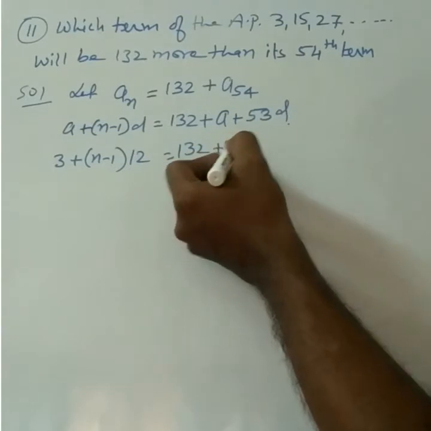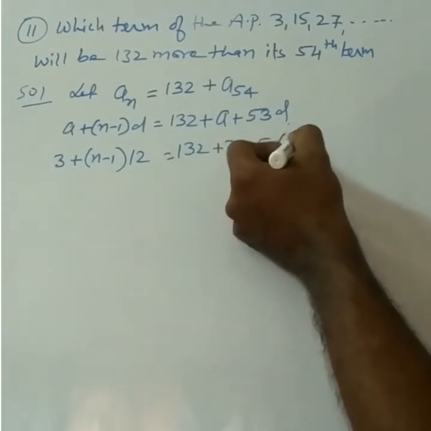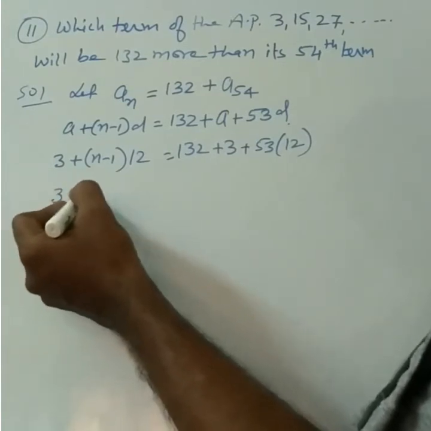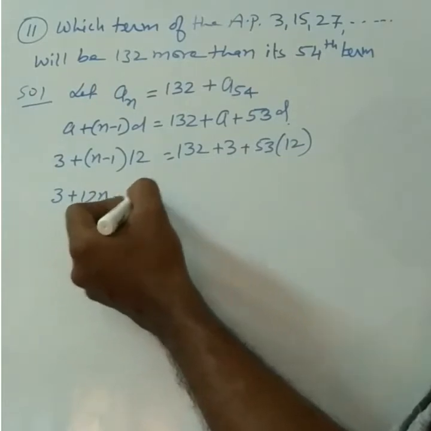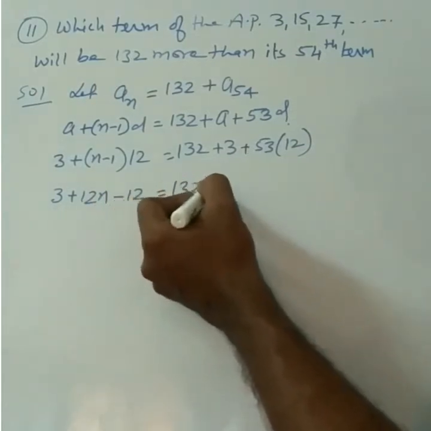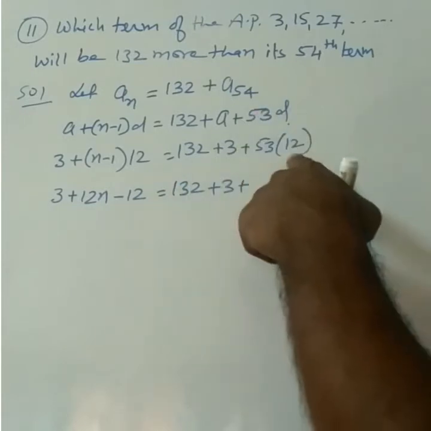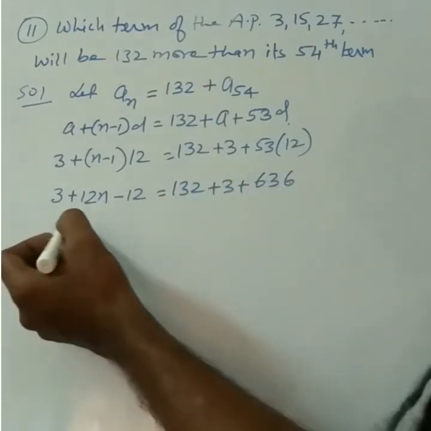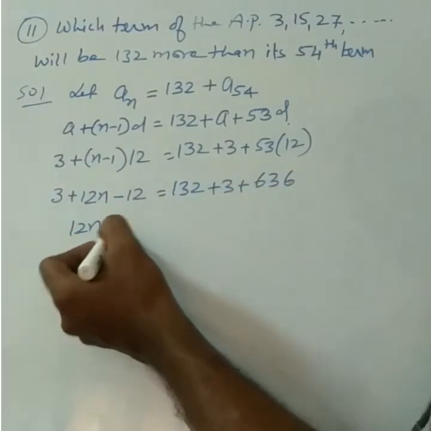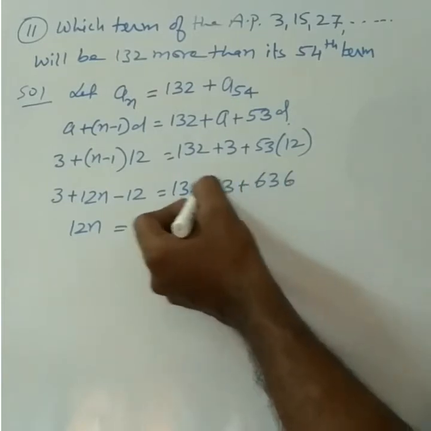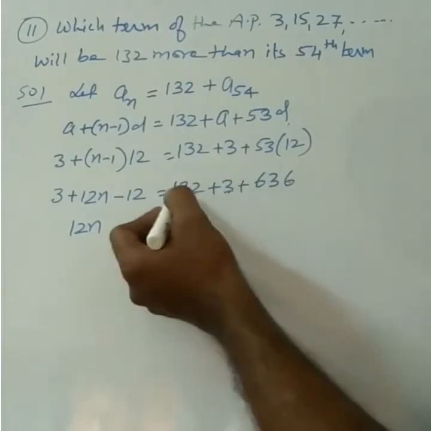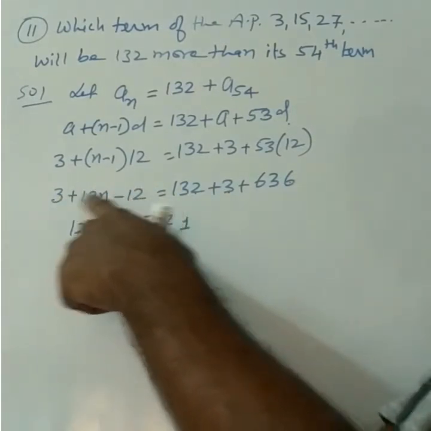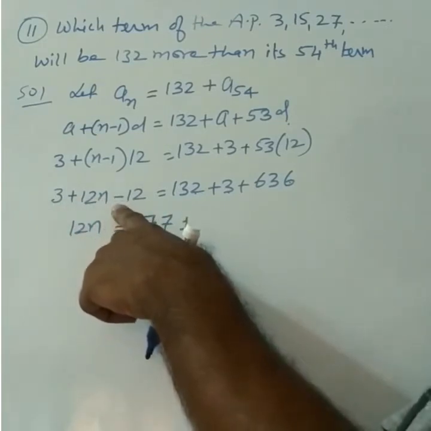A is 3. D is 12. So 3 plus 12n minus 12 equals 132 plus 3 plus 636. So 12n equal to 771. 3 minus 12 is minus 9.